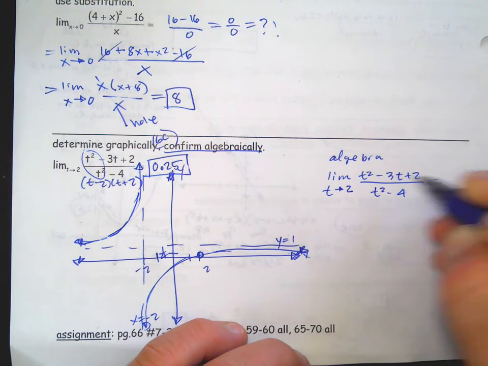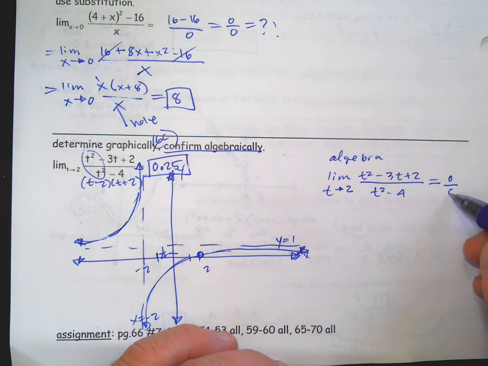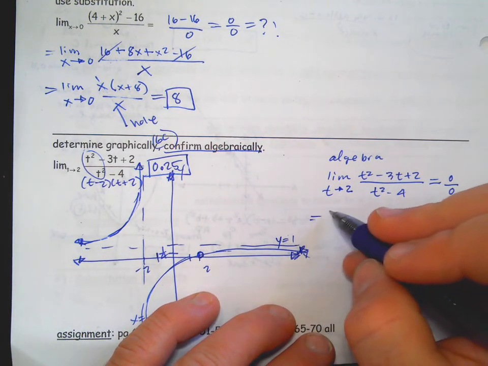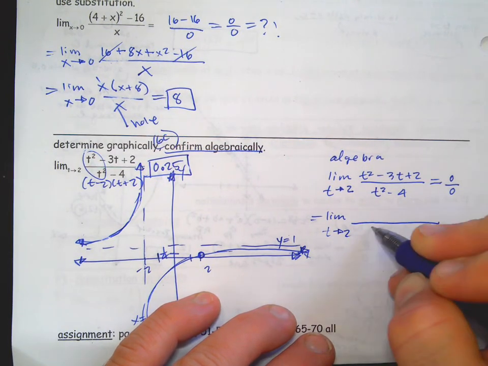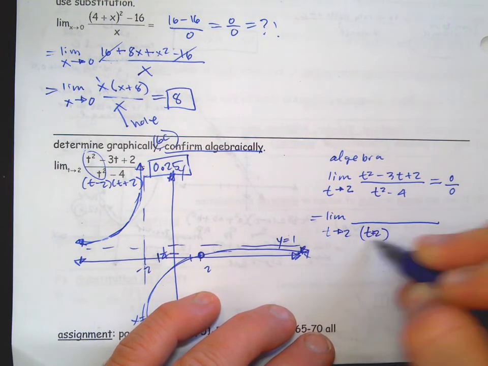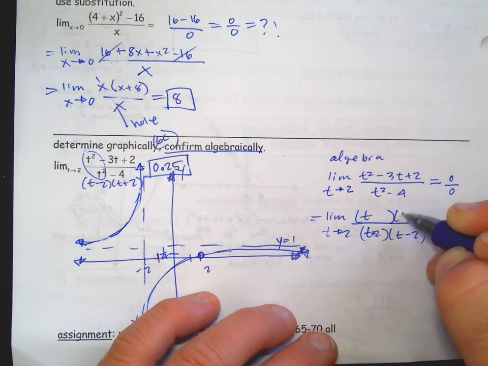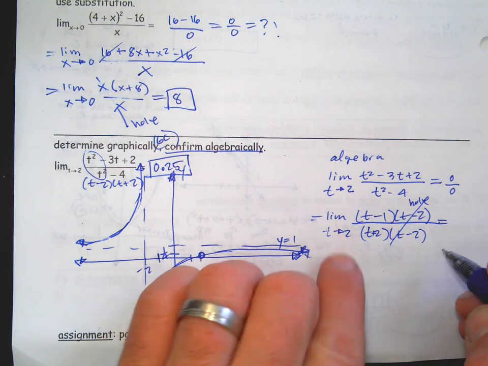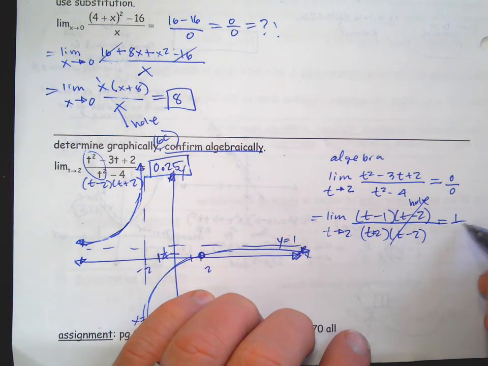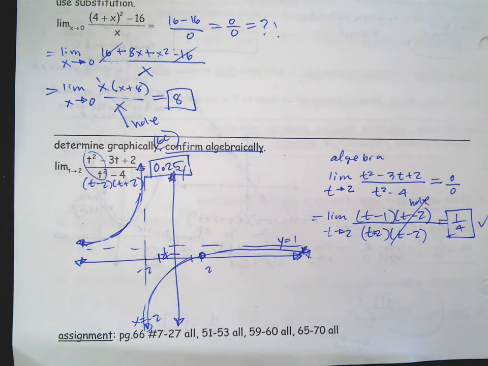If you plug 2 in, you get 4 minus 6 is negative 2 plus 2 is 0. 0 over 0, indeterminate form. So let's try factoring and see if there's a hole there. t plus 2, t minus 2. This is going to be t and t, and negative 1 and negative 2. And so there's the hole. And then if we plug t equals 2 back in here, we get 1/4. It worked. Okay.